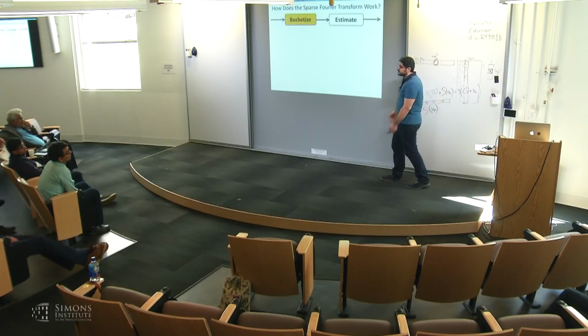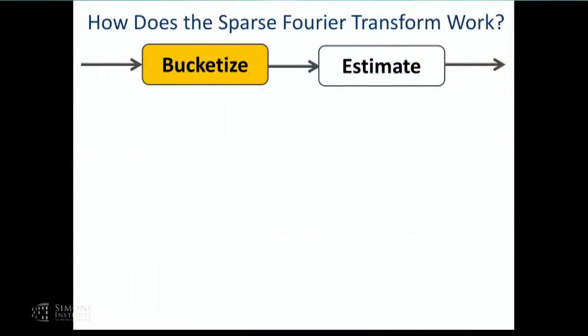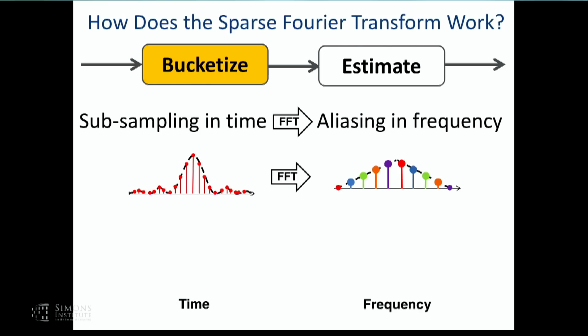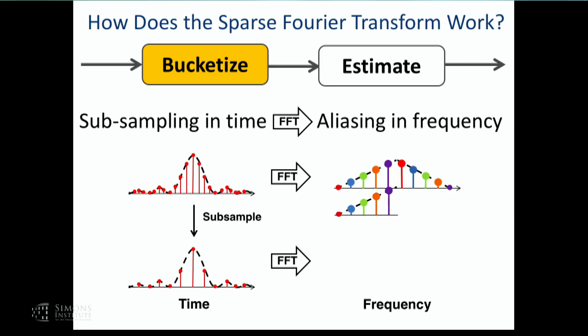So how are we really going to bucketize? If you know signal processing, you know that if you subsample a signal in time below the Nyquist sampling rate, what you get in frequency is aliasing of the spectrum. What does this mean? Let's take an example. Let's say this is your time signal, and this is its frequency spectrum. If you subsample this, take every other sample, and then take an FFT of half the size, the spectrum is going to fold on itself.